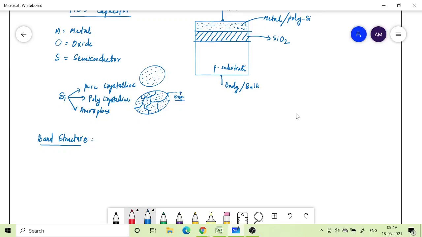Originally we always use silicon dioxide, but if you look at the current technology, they take material with large relative permittivity. That has some advantage, as it helps us reduce the thickness of the oxide or insulator.